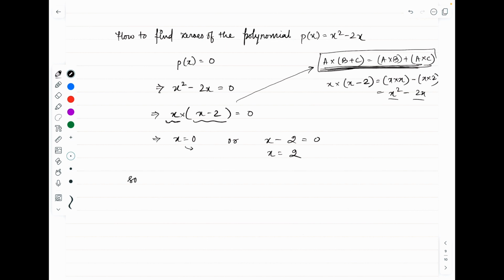So 0 and 2 are the zeros of the polynomial x square minus 2x. You're getting it? We make p of x equals to 0, then we find the values of x for which it is zero. This is the way of finding the zeros of a polynomial.